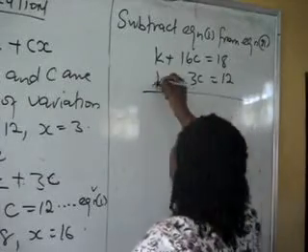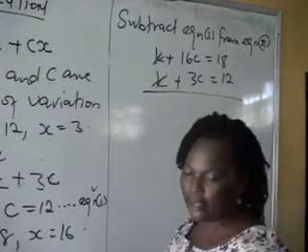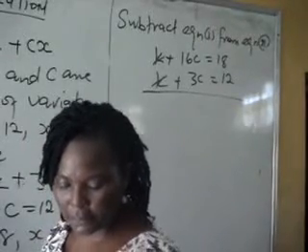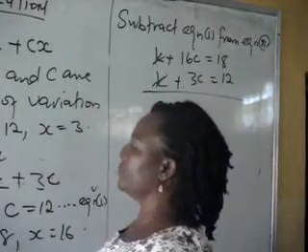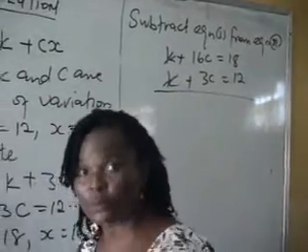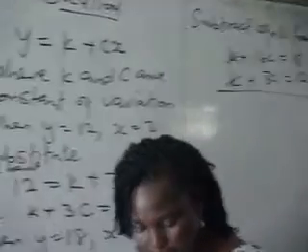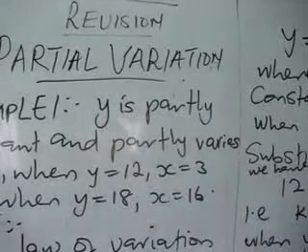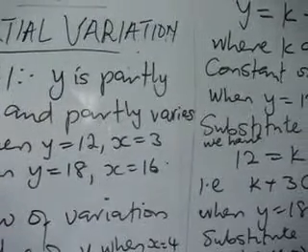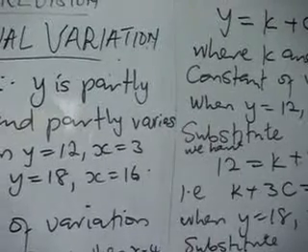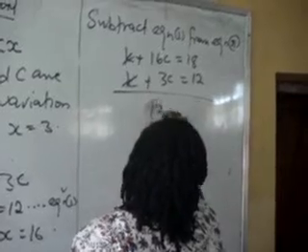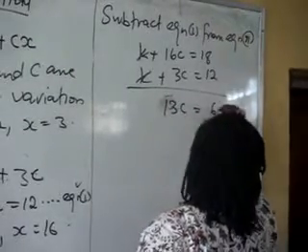Now subtracting, k will cancel. Then we have 13c equals 6.